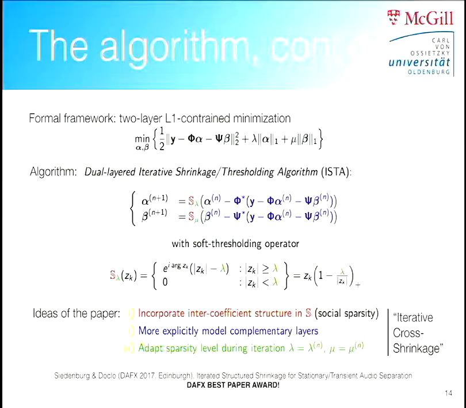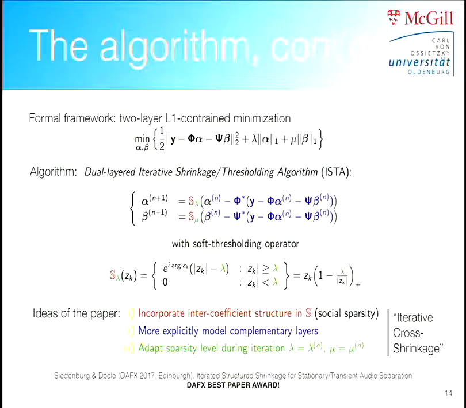Of course, long windows to analyze the tonal parts, and short windows to analyze the transient parts. This is just a basic two-layer extension of the lasso problem. And then here is the ISTA solution, which also is a straight generalization from the single-layered case.